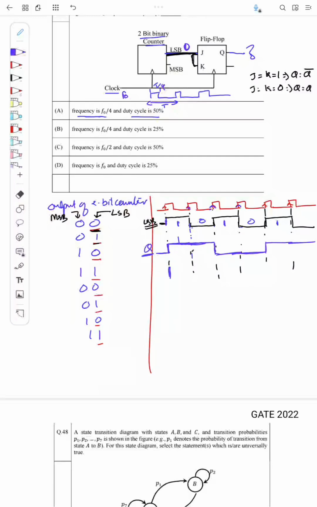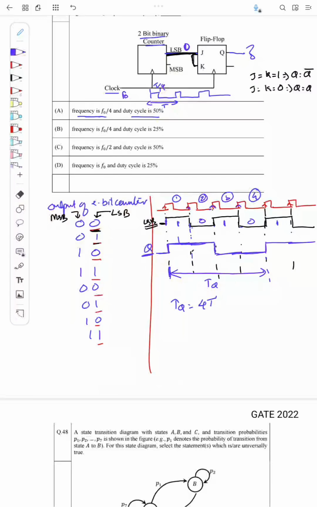And what is the time period of this Q? I will call it TQ. This will be the time period of Q. Now if we see here, how many clock cycles do we require so that Q is repeating? I require clock cycles 1, 2, 3 and 4. So 4 clock cycles. TQ will be equal to 4 times T, right?